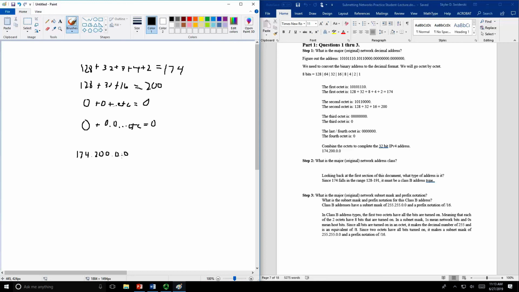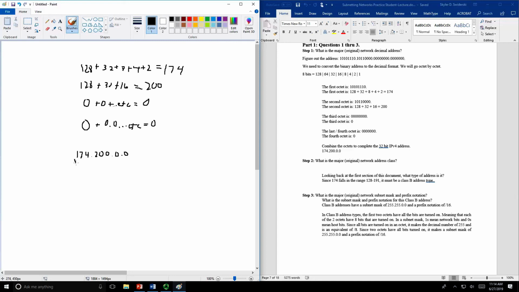Because now we know the decimal equivalent, we can find out what class it is. Because we're working in part 2, which is Class B, that's self-explanatory. But if you did not know, you need to know the ranges, which are at the top of this document. 174 falls into the range of 128 to 191, so it has to be a Class B address. Because it is Class B, we know the default subnet mask.